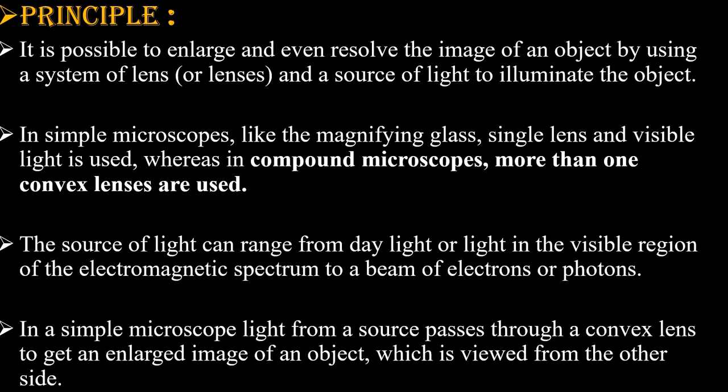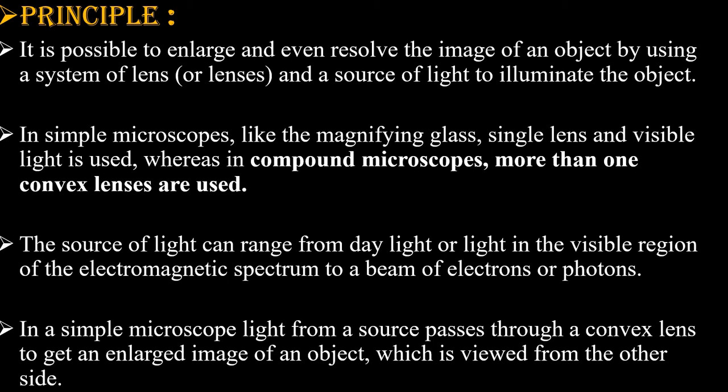It is possible to enlarge and even resolve the image of an object by using a system of lens or lenses and sources of light to illuminate the object. In a simple microscope, like a magnifying glass, a single lens and visible light is used, whereas in a compound microscope, more than one convex lens is used.